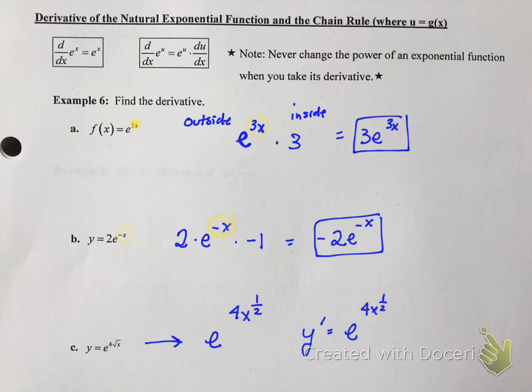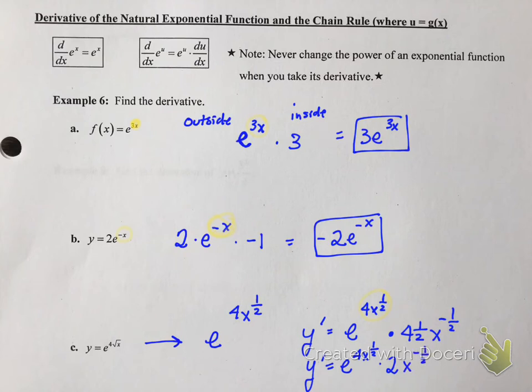Now I have to take the derivative of that. Okay, so when I take the derivative of 4x to the 1/2 power, I get 4 times 1/2 x to the negative 1/2 power. Okay, so the derivative is going to equal e to the 4x to the 1/2 times 2, because 4 times 1/2 is 2, x to the negative 1/2.